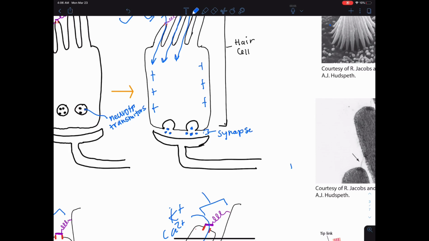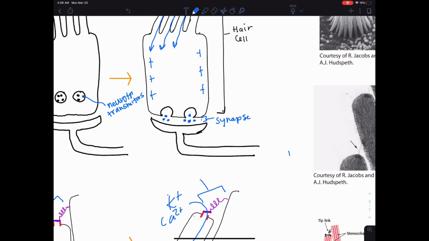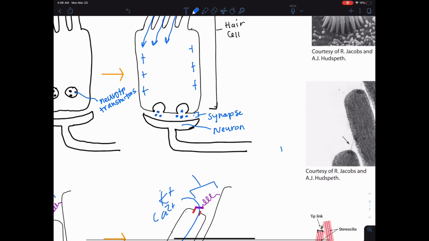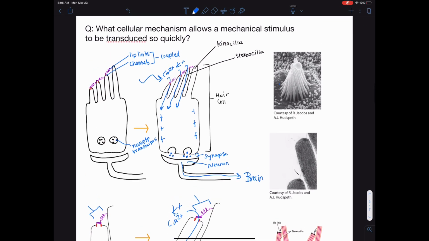These chemical signals are then taken up by the next neuron in the pathway, and the signal is carried up to the brain, which can then decipher the meaning.